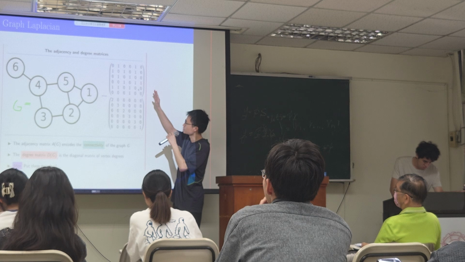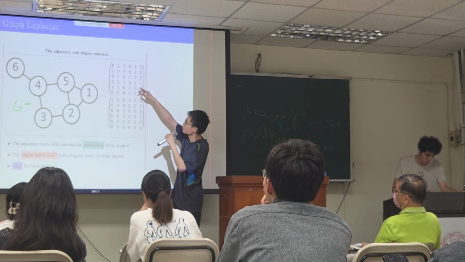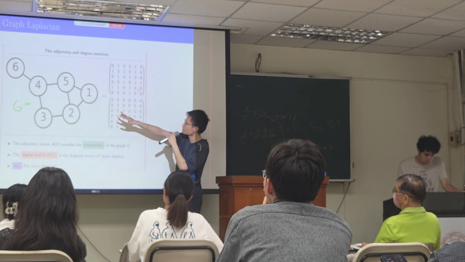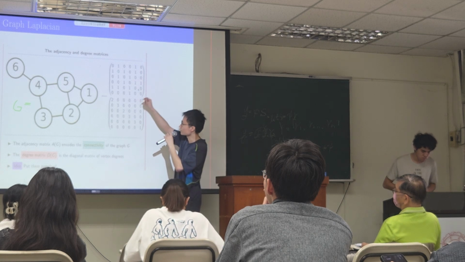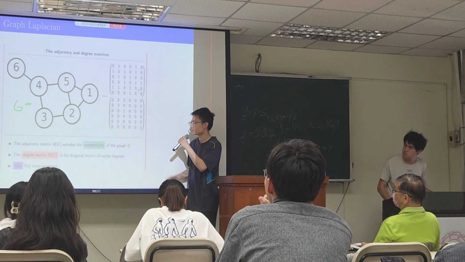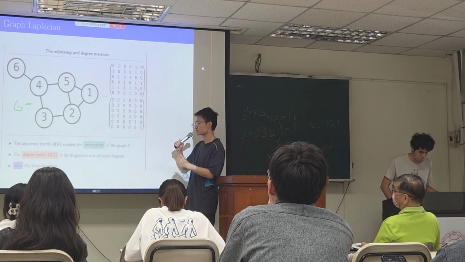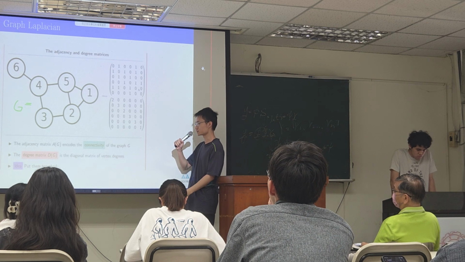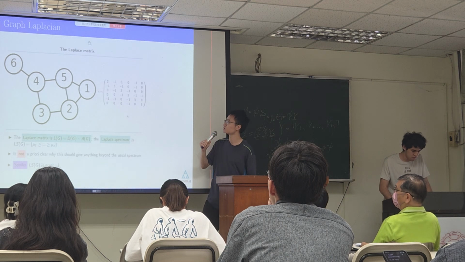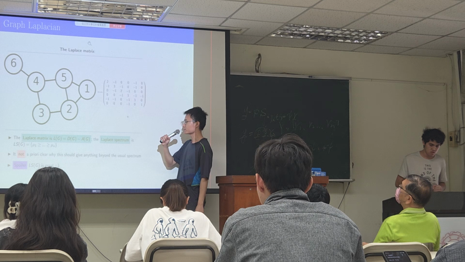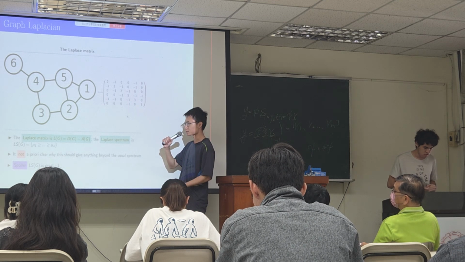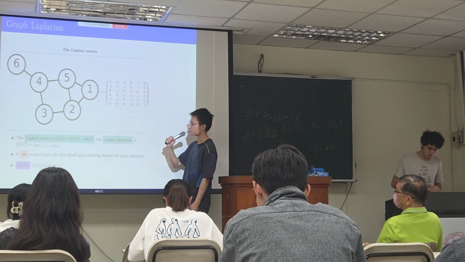And the second one has 3 connections, so yes, 3 is the value here. And the degree matrix is the diagonal matrix of vertex degrees. And the Laplacian matrix is simply the degree matrix minus the adjacency matrix.